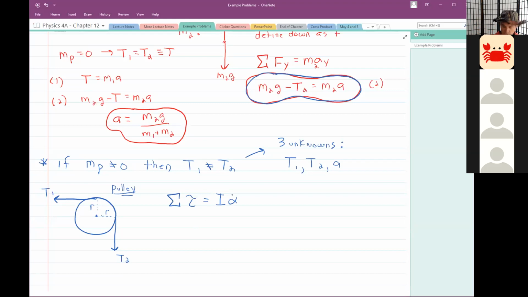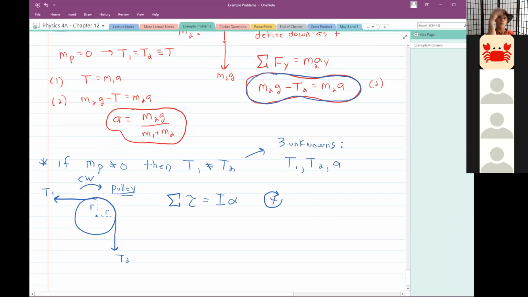So this entire system, as M2 is falling, the disk is going to rotate clockwise. So my recommendation is, if I have a system which is rotating clockwise, I would define positive in that direction. So now what I'm going to do is change my convention.